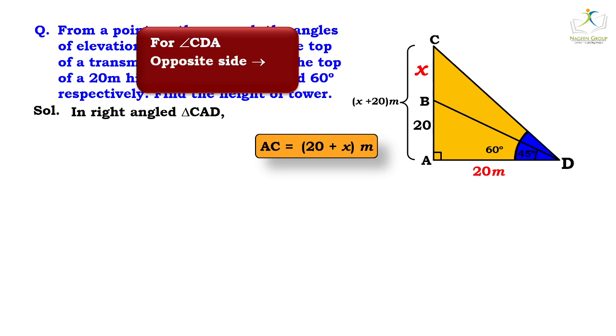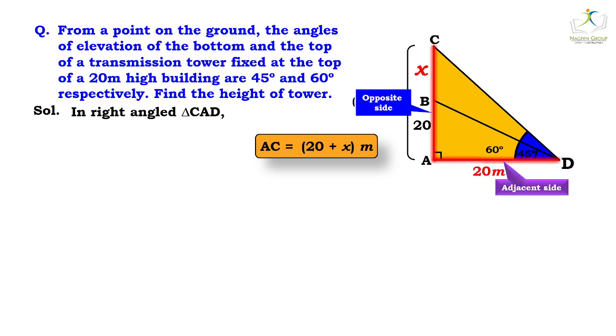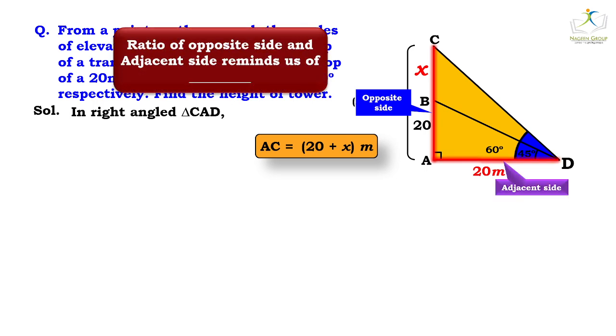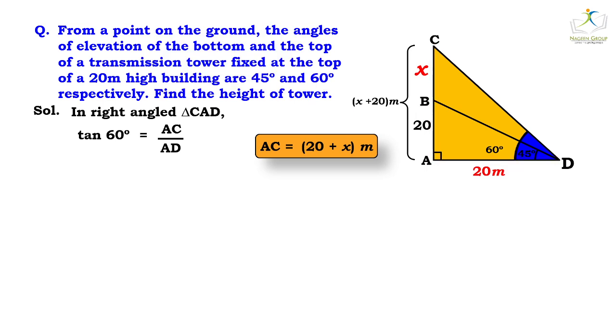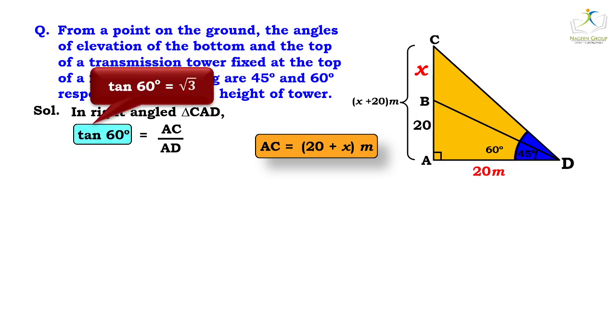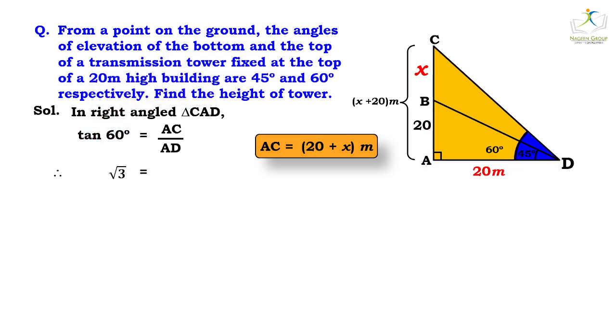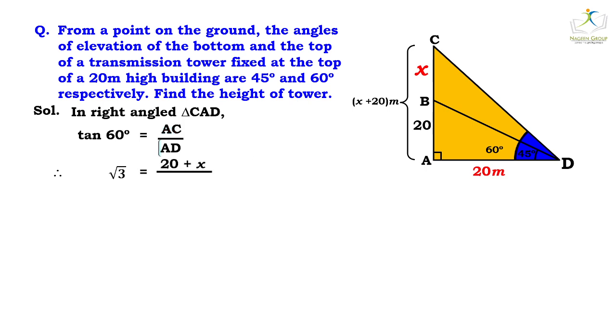So now in CDA, we have opposite side AC and adjacent side AD. Opposite by adjacent, हमें पता है क्या होता है, tan theta. Tan 60 का फॉर्मूला AC by AD, tan 60 की वैल्यू √3, AC it is given here 20 plus x, AD it is given here 20.